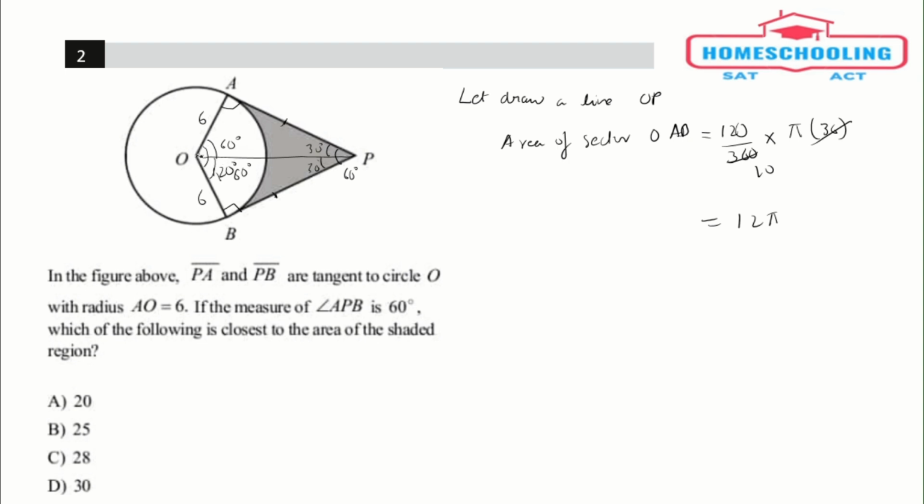Now if we divide this quadrilateral into two triangles, and we know it's a right triangle, then if we are able to find this, we would be able to find the area of the whole triangle.